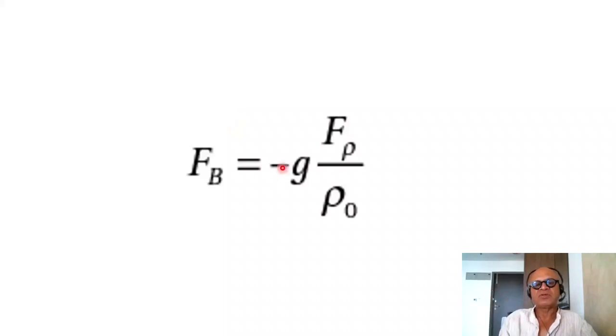So that's related to gravity. The buoyancy flux, in a simple way, is written as minus g, the gravitational acceleration, because if you are lighter you will go up, if you're heavier you will come down. So the negative sign takes care of that, times the density flux we just wrote, F rho, divided by rho 0, which is the mean background state.